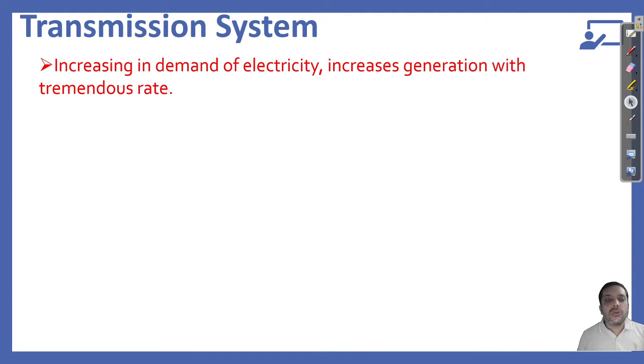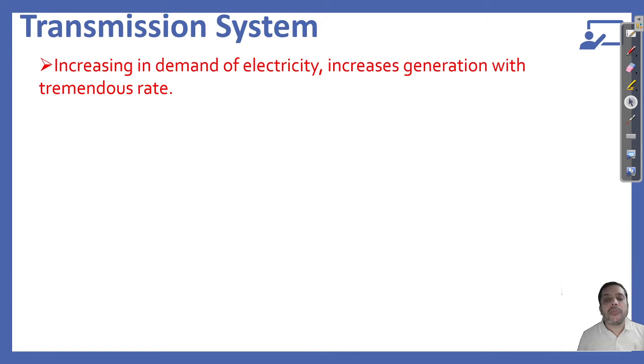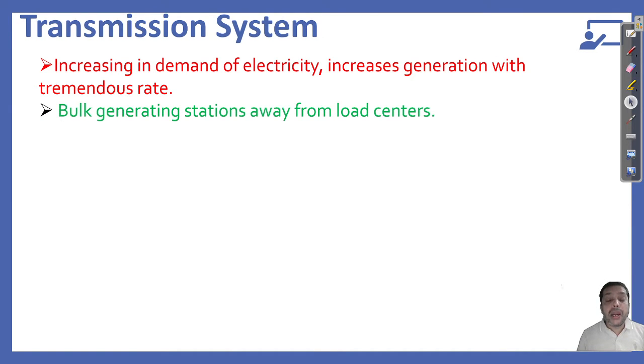Okay, so with the increasing demand of electricity, the generation is also increasing at a tremendous rate. But the bulk power station is very far away from the load center. Take the example of Maharashtra.